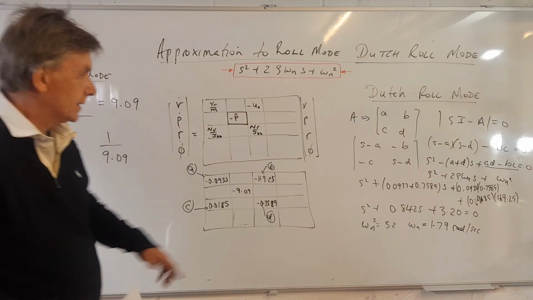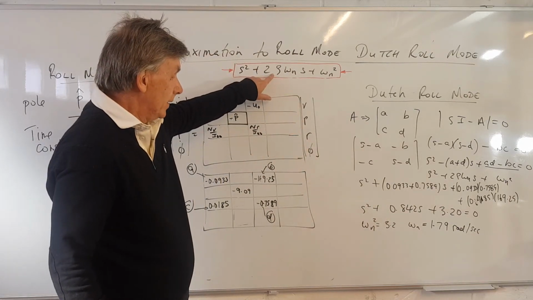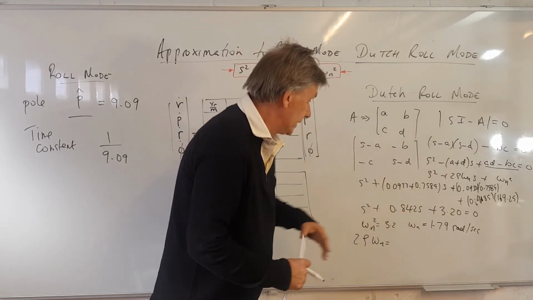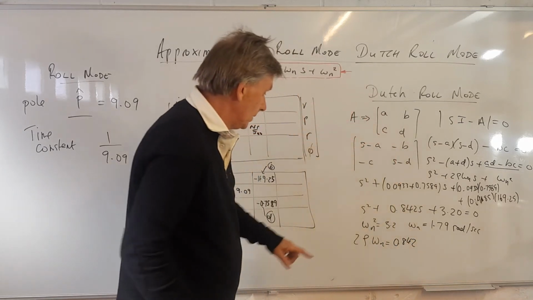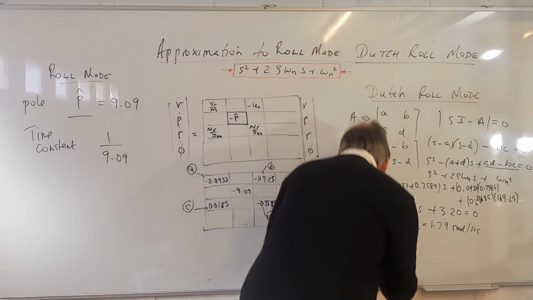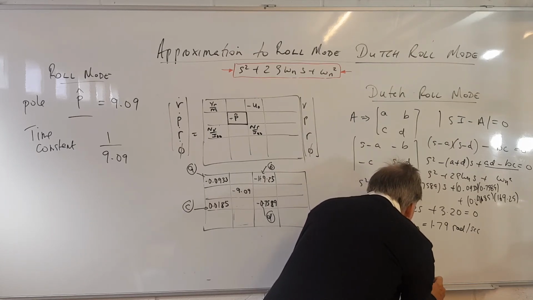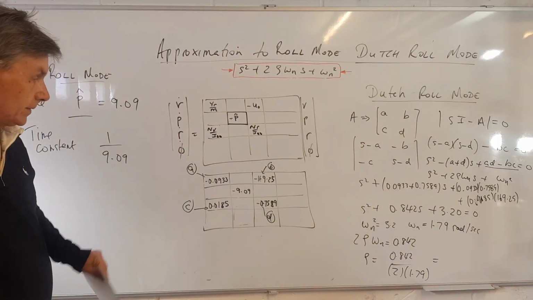And then we know this term here, the 0.842, is equal to 2 zeta omega n. And I know now what omega n is because I've got it here. So I get the damping ratio is equal to 0.842 over 2 times 1.79, which comes out as 0.23.